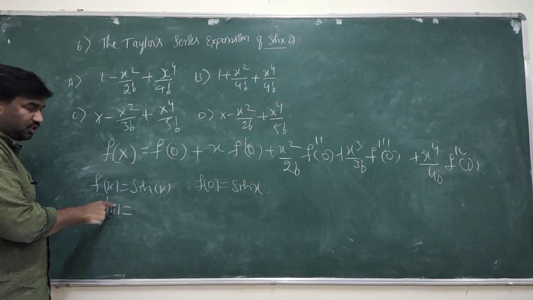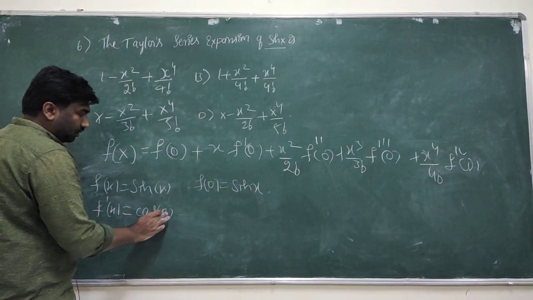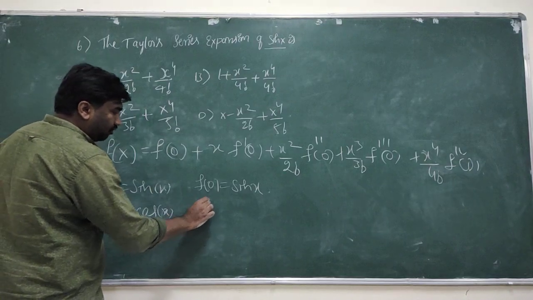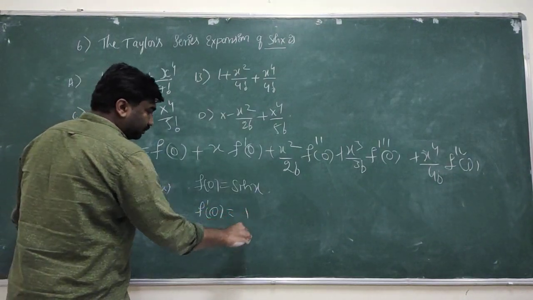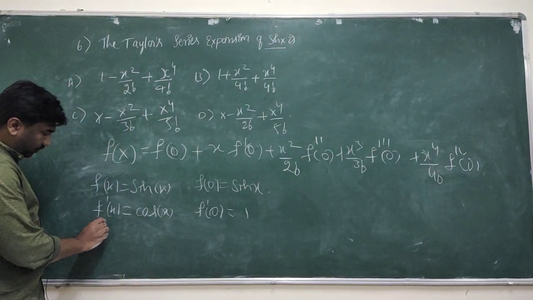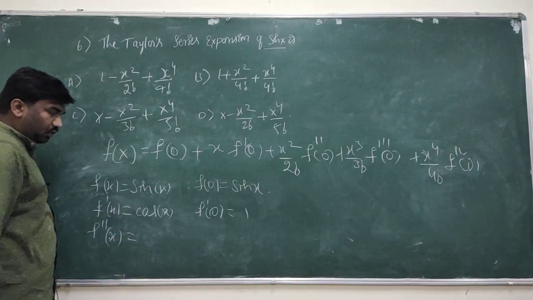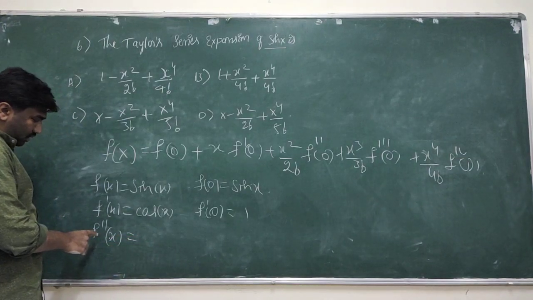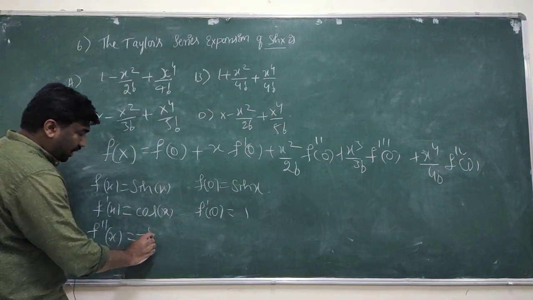So one time differentiation of sin x is cos x, and f prime 0 is nothing but cos 0, which is 1, and f double prime of x is equal to the differentiation of cos, which is minus sin x.